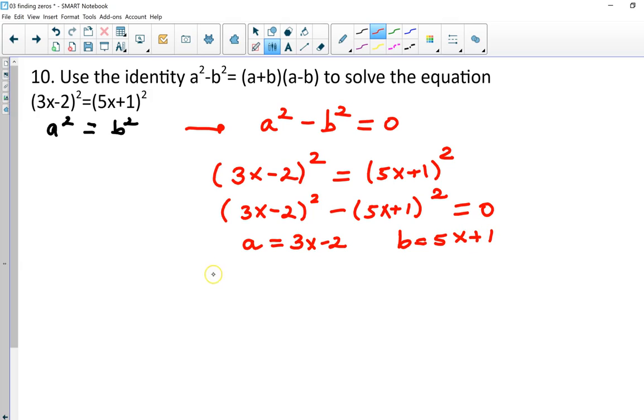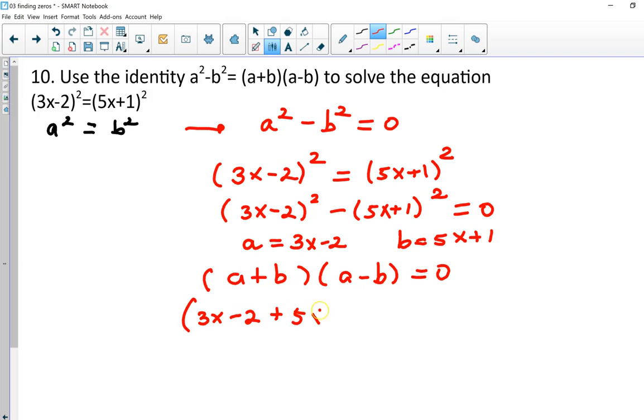How does that help us? Well, now I could plug into a plus b, a minus b. So I get 3x minus 2 plus 5x plus 1.